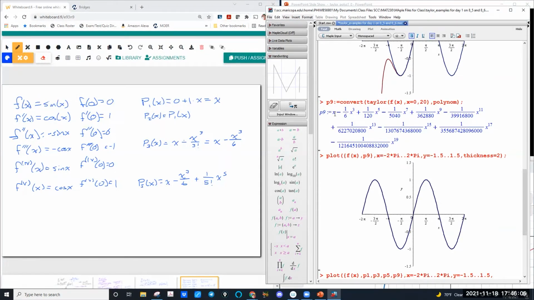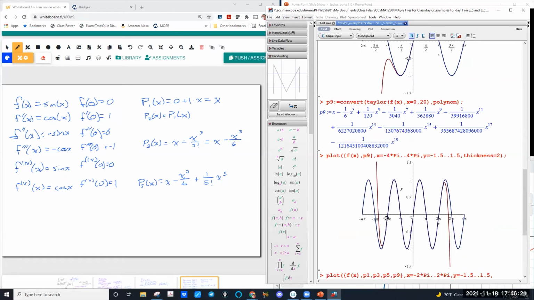Remember, here's what's so incredible about this. We took a trig function, and this is actually a polynomial put on top of it. Now, I'm only looking from negative 2 pi to 2 pi. If we actually start to zoom that range out a little bit, we're going to see where it stops matching. But it turns out, if we look at the infinite Taylor series for sine, it actually maps 100% to the sine curve. But it has to be infinite because sine goes on infinitely in both directions.